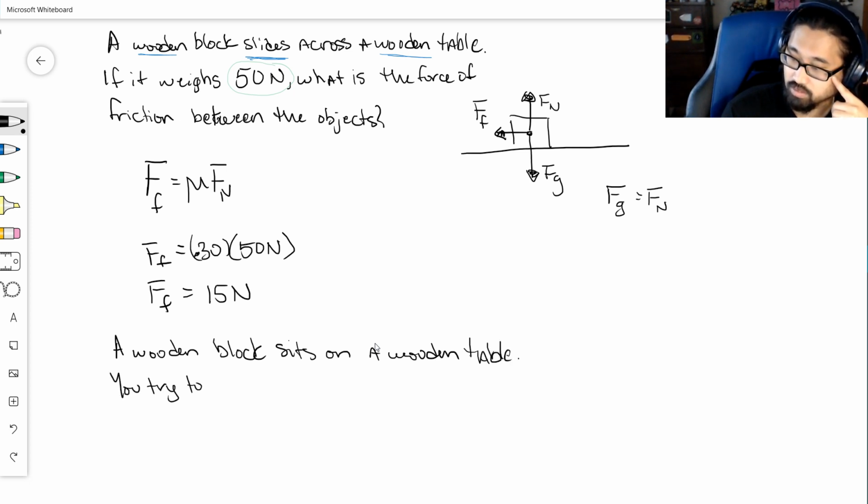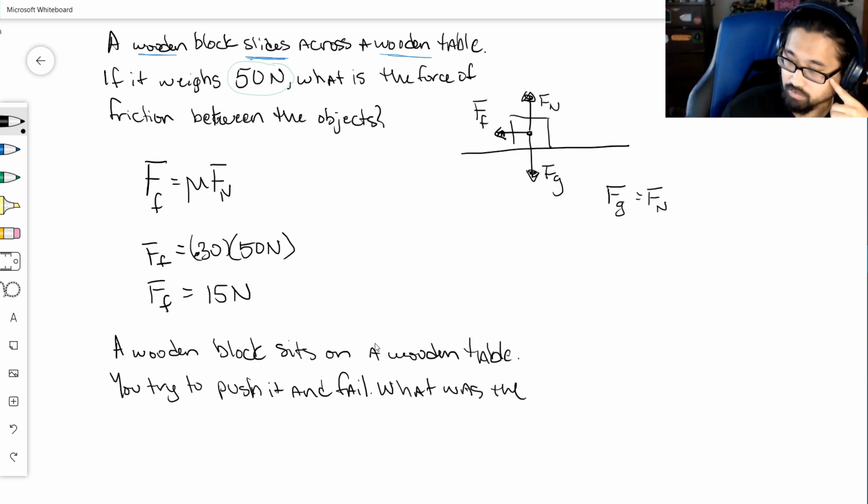You try to push it and fail. What was the force of friction holding it in place?